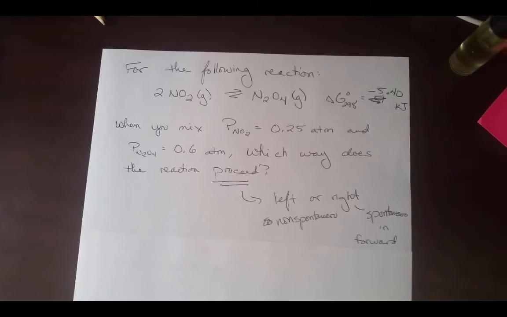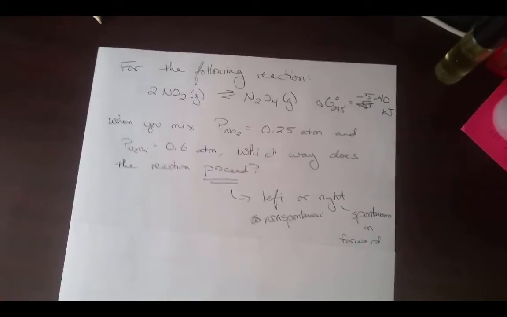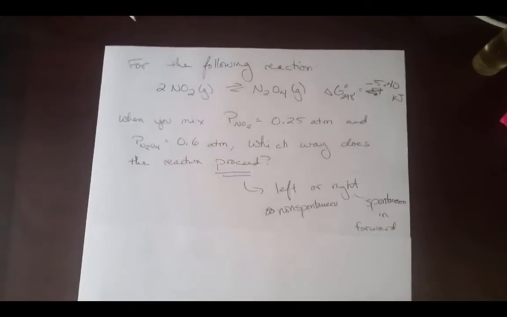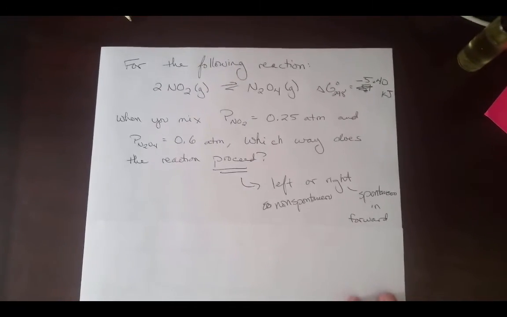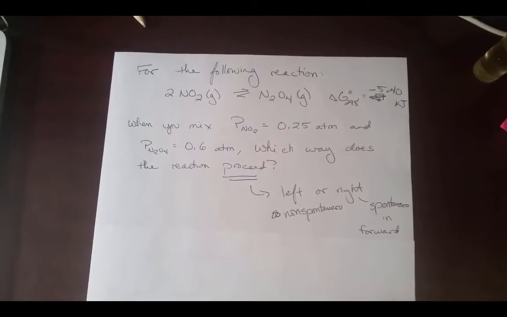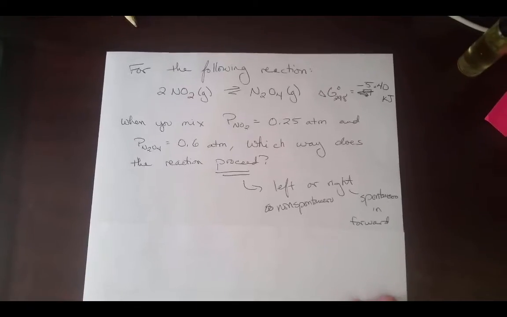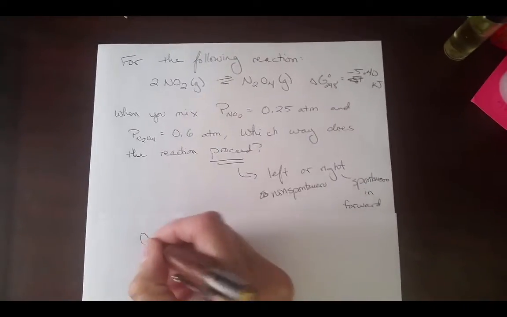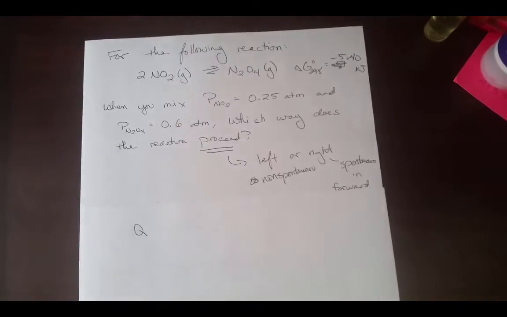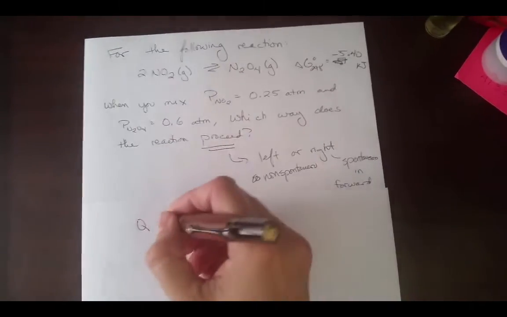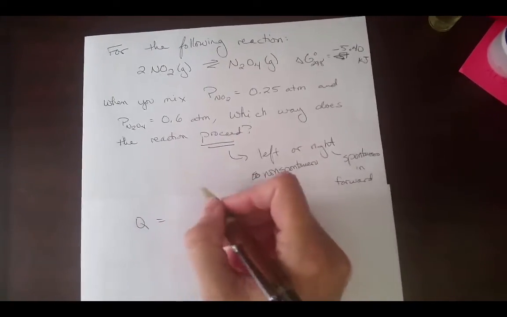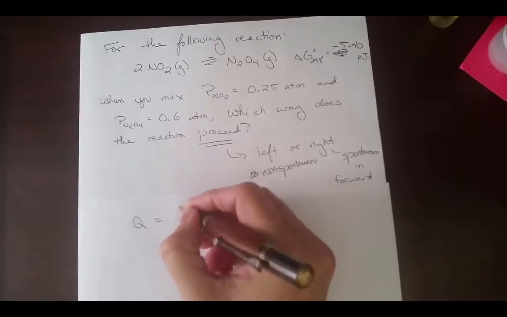So the other way to do this problem, as you might guess, there was a first way, so there's another video on this. The other thing you can do is, once you've realized that which way this proceeds is going to involve Q, I could go ahead and look at what Q is going to be.